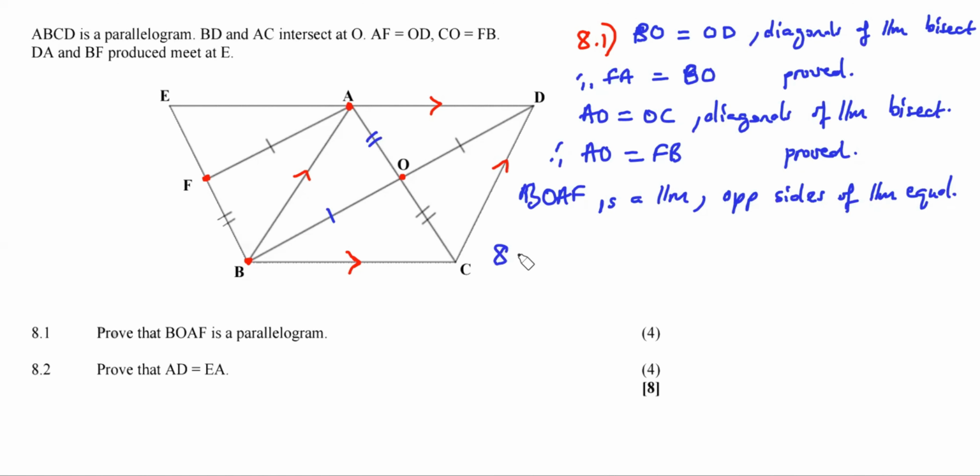Now let's go on to 8.2. Prove that AD is equal to EA. Now, if I prove that AD is equal to EA, we need to check here first. If we look at this, we have got AD, we also have BC there.